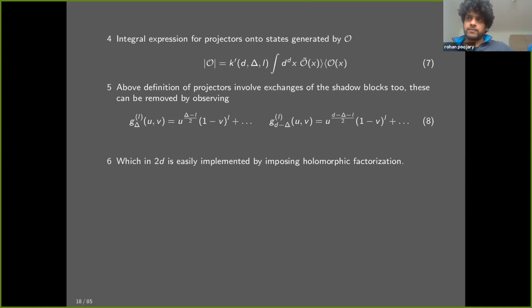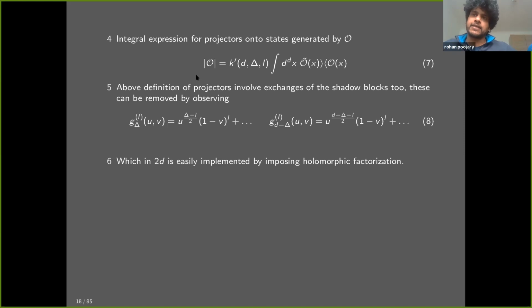This integral is basically a stand-in for states generated by application of O. When it acts on some generic state, it's only going to click with states that are generated by O, right? Yes, that's why it's a projector onto the O family. Okay, so this is basically a map from the module to its shadow module.